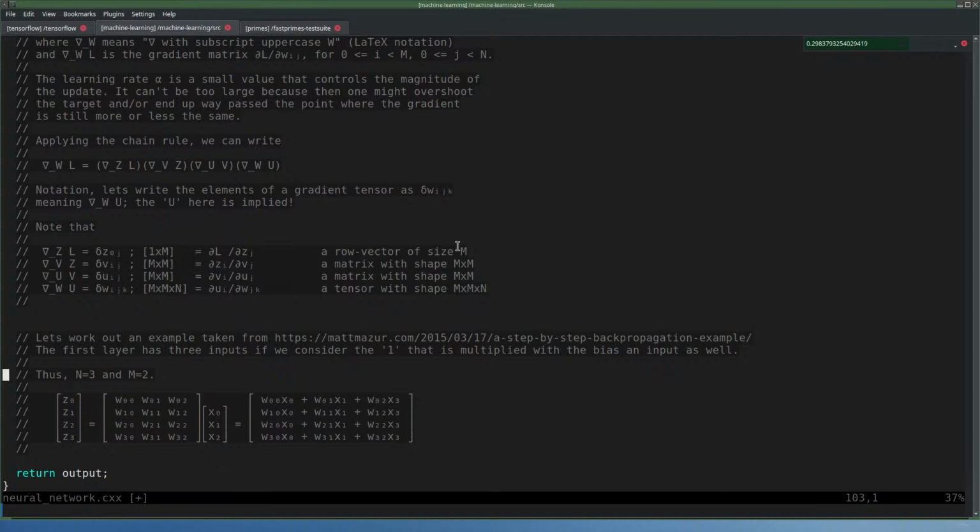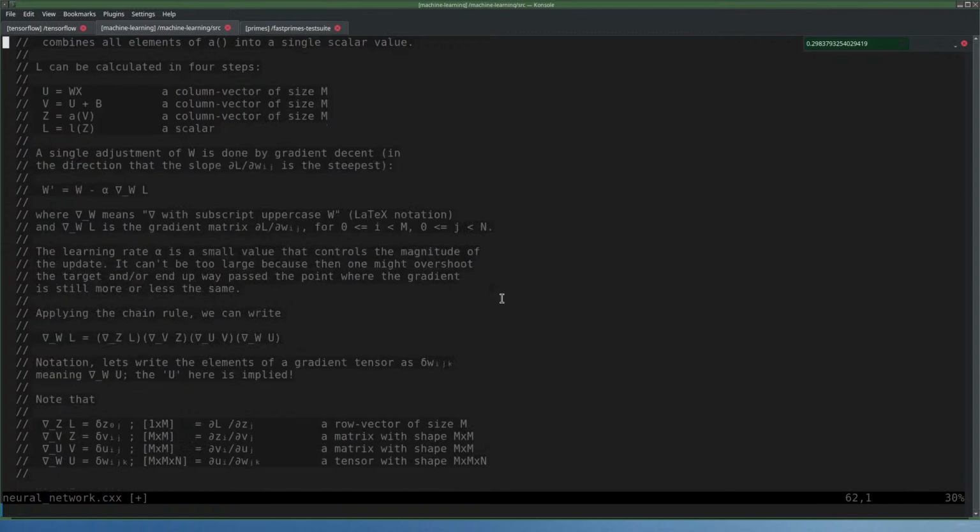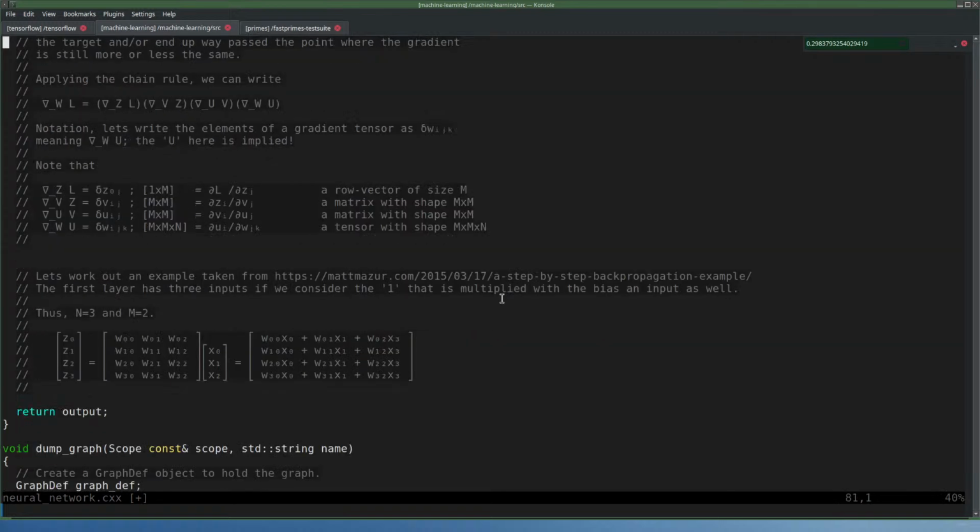Is that correct? And it's still the inputs and outputs. Yeah, well, throw away a few things, I guess.